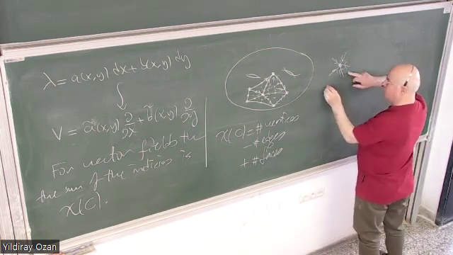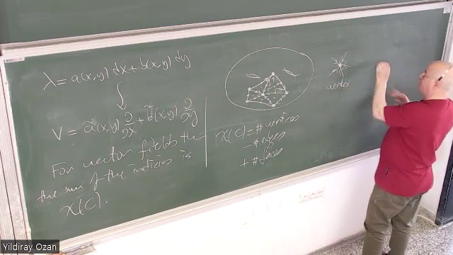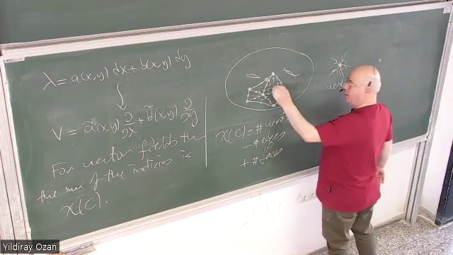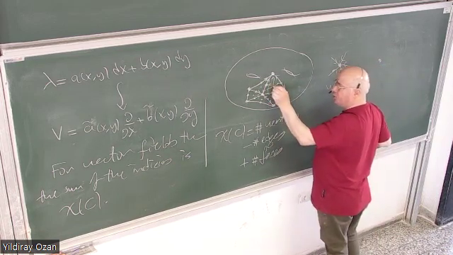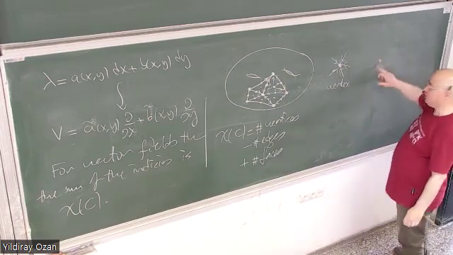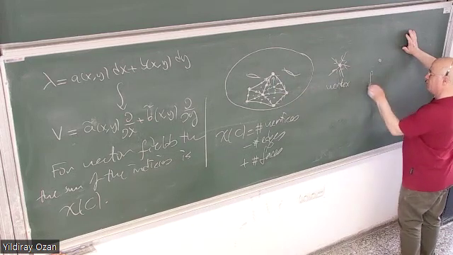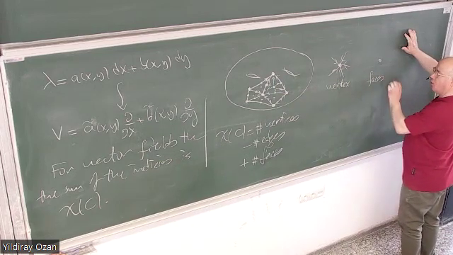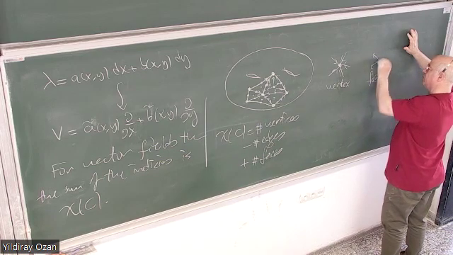So this is a vertex. At a face, it has a 0 here, a 0 here, and a 0 here. At the centers of the faces, all the arrows are going like this.